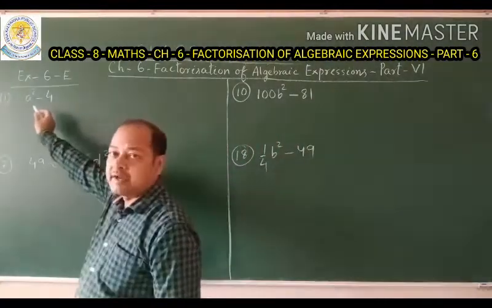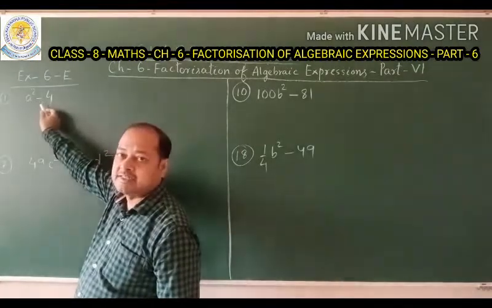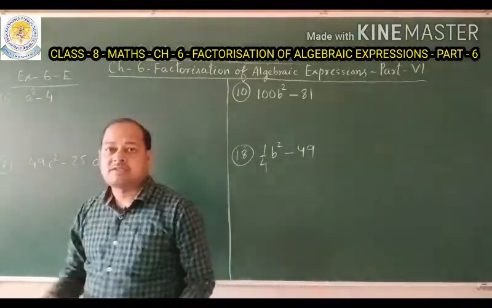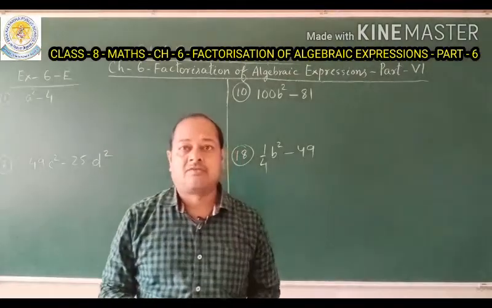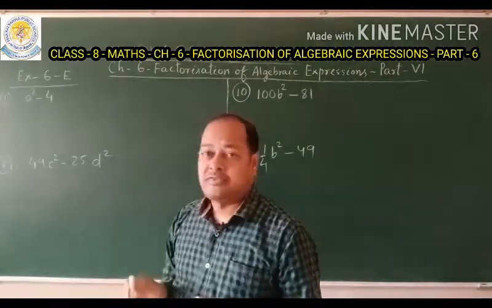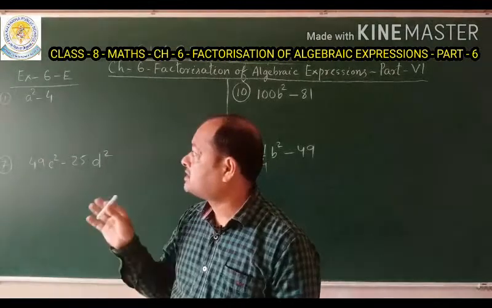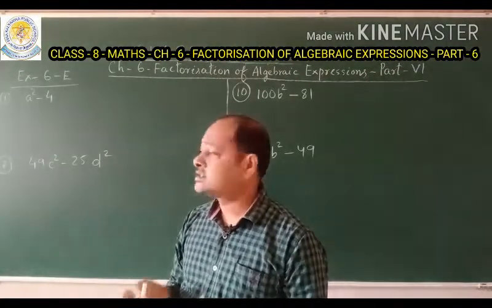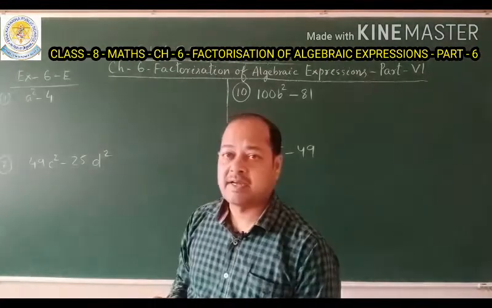Here, what to factor here? This is an expression, that is a square minus 4. We have to factorize it. So the first step for factorization is find out the perfect square. So here a square and 4 are both perfect squares. So what is the square root of a square? Let's find out.